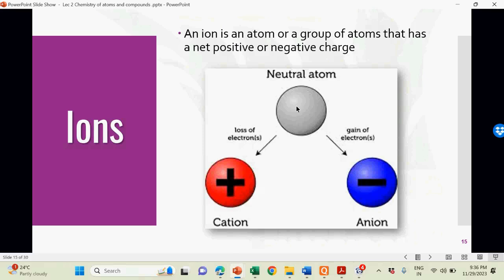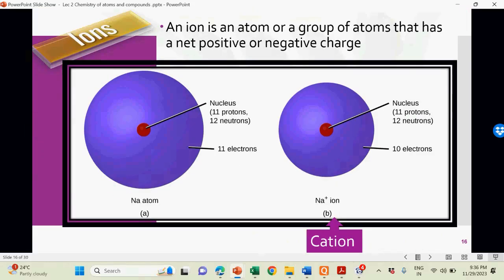So the electron which is lost by the sodium will be captured by the chlorine atom, and it will become a chloride ion. It's no longer a chlorine atom. And why is it a negatively charged ion? Because the number of electrons now is more than the number of protons inside the nucleus, by having the new electron of the sodium.